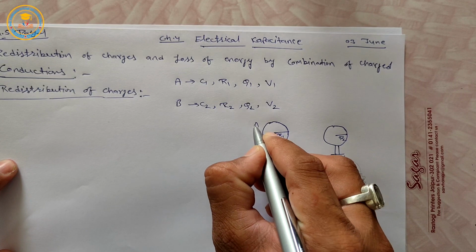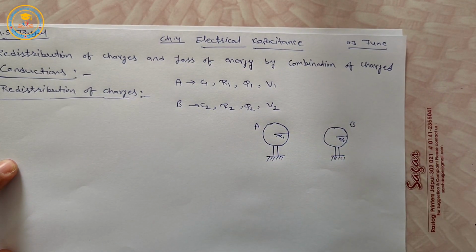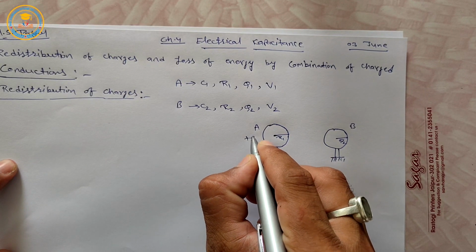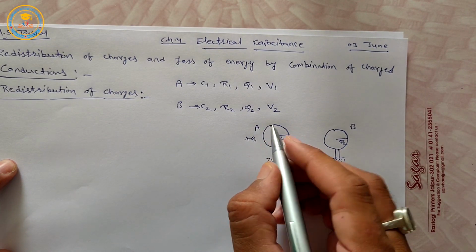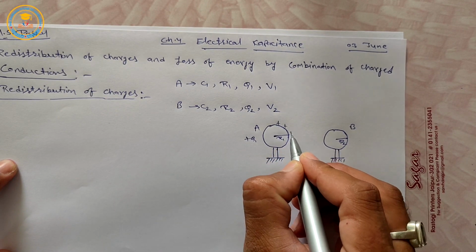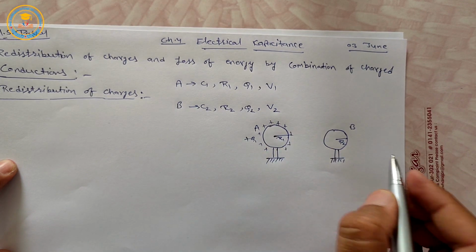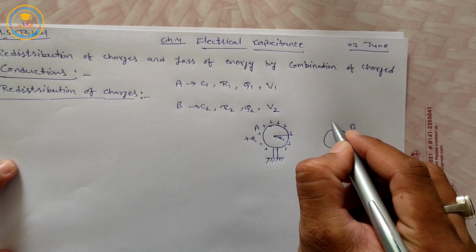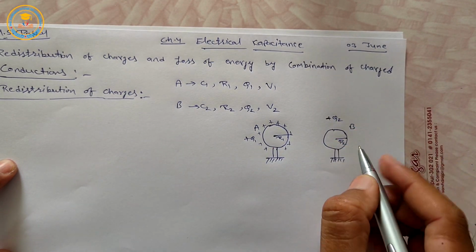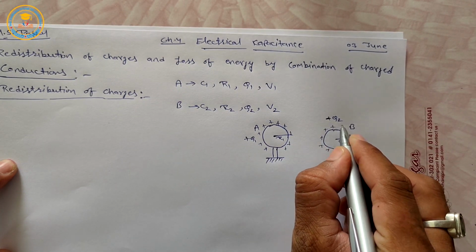The capacitance of this conductor A is C1 and of conductor B is C2. Plus Q1 charge is given to conductor A, then this charge spreads out on the outer surface of conductor A, and plus Q2 charge is given to conductor B.